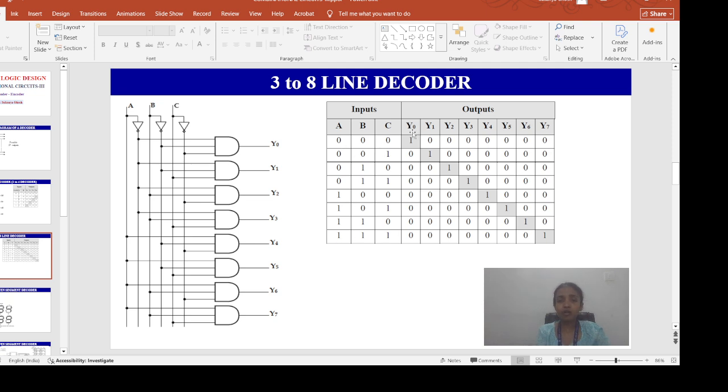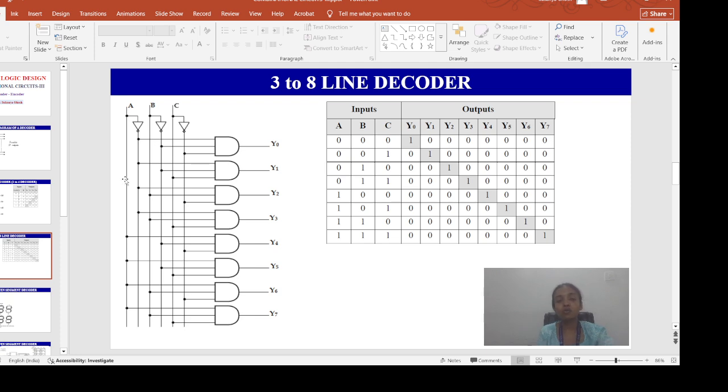So y0 will be active when all are 0, and at that time all the other outputs will be 0. y1 will be active when A equals 0, B equals 0, C equals 1. y2 will be active when A equals 0, B equals 1, C equals 0. Likewise, y7 will be active when all of A, B, C are 1.